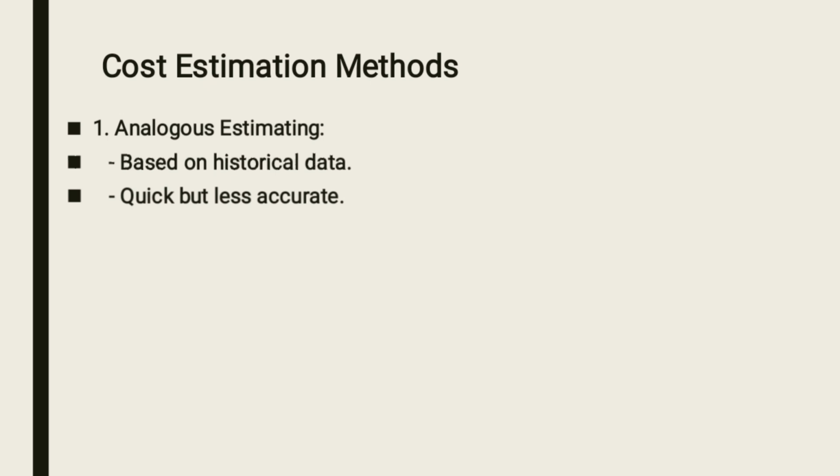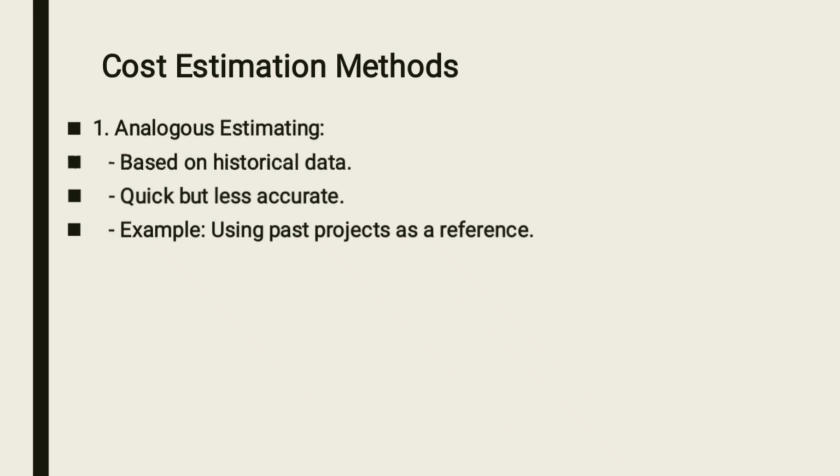Because you can find that maybe sometimes in the past things were a bit cheaper than the cost of the same things at that particular moment. Okay. Example, using a past project as a reference. So that is what we are talking about on analog estimating.